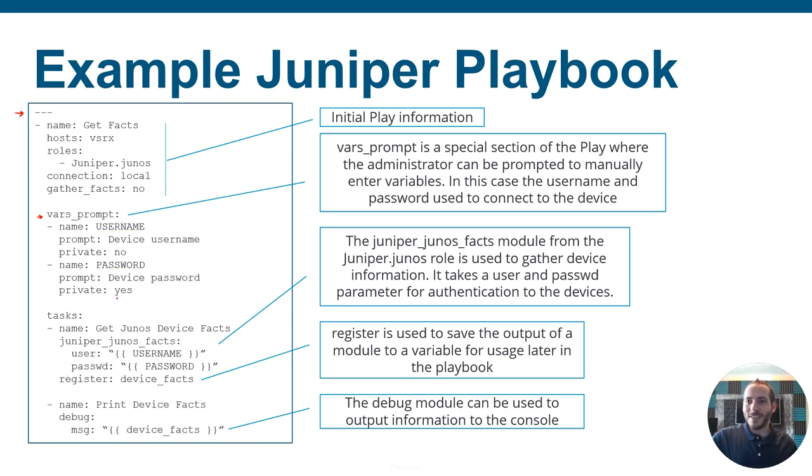Our private specification here defines whether our input that we're typing on the keyboard is displayed on the screen while we're typing it. So we're saying that yes, our password should be private, and that we are prompting our end user for device username and device password. You could prompt for any other variables here as well.